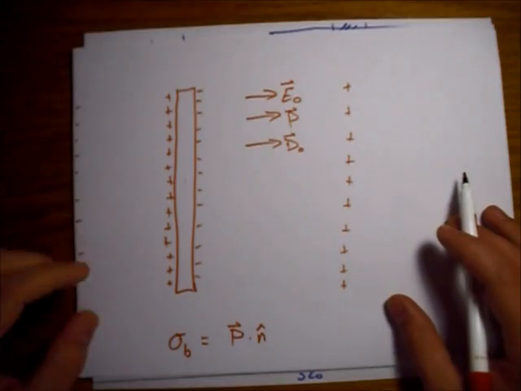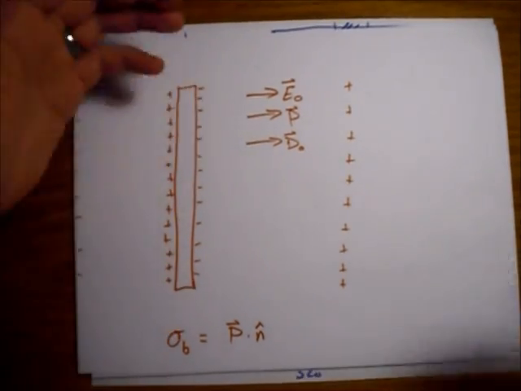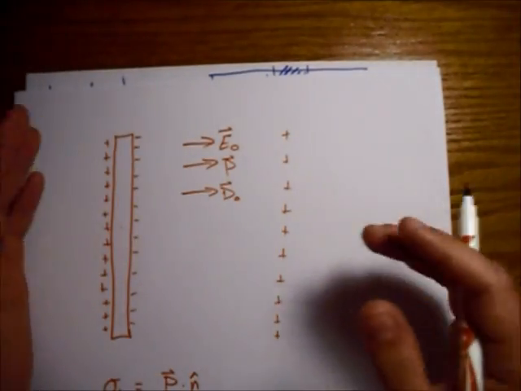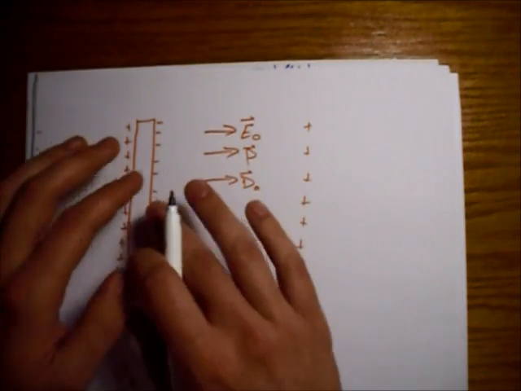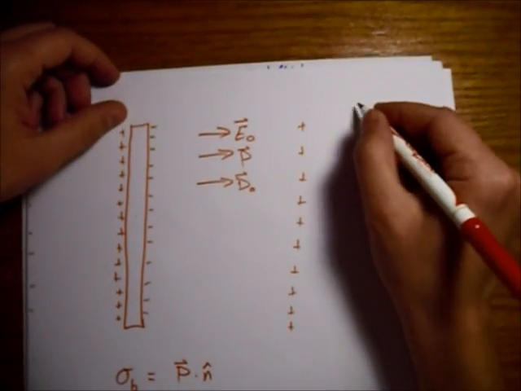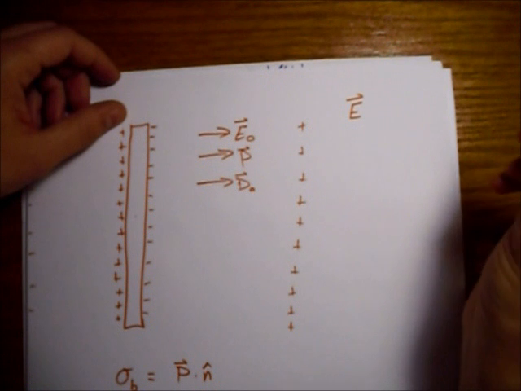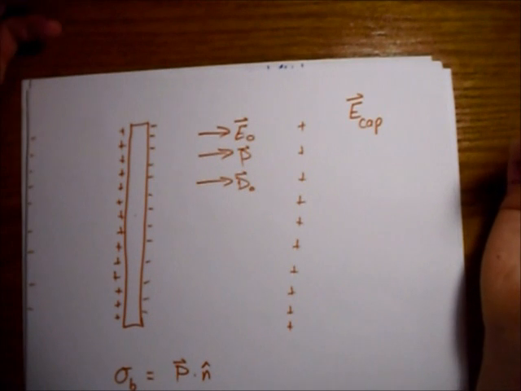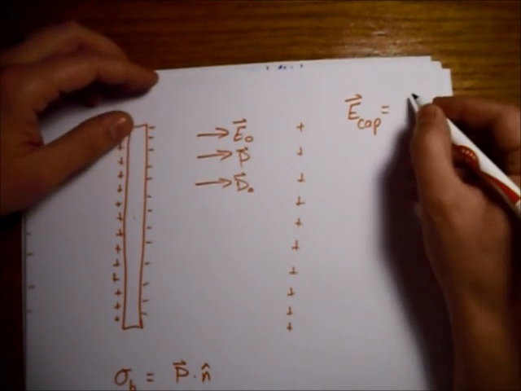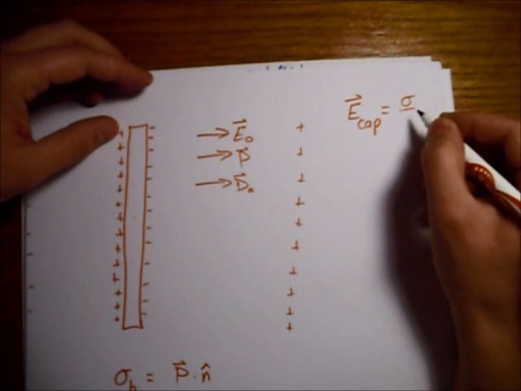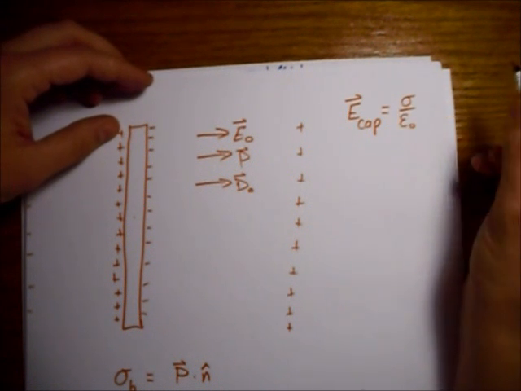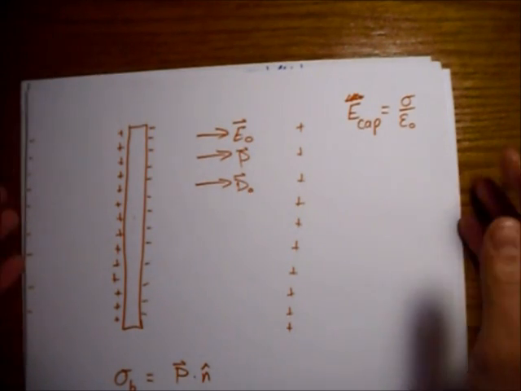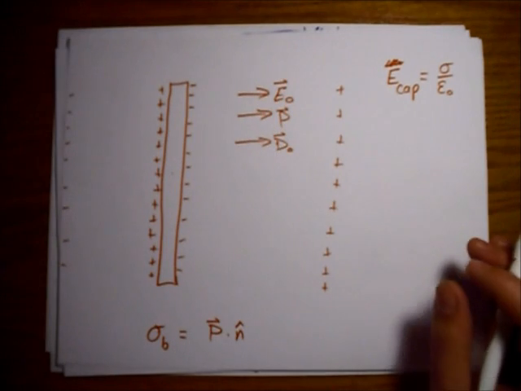So in order to get the electric field of a capacitor, if you'll remember, you use the Gaussian surfaces and everything, and you find that the outsides cancel out, and the inside electric field of the capacitor is equal to just sigma over epsilon naught. Let me not write this as a vector, just as a magnitude. We'll get our directions just from the picture.